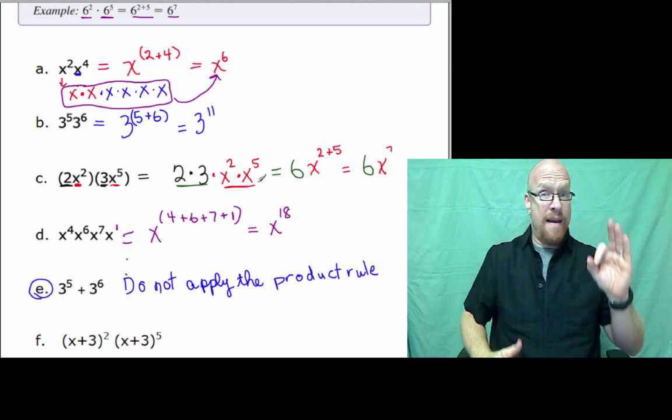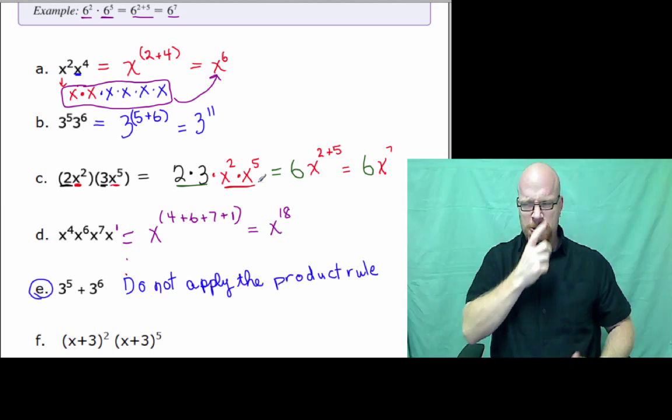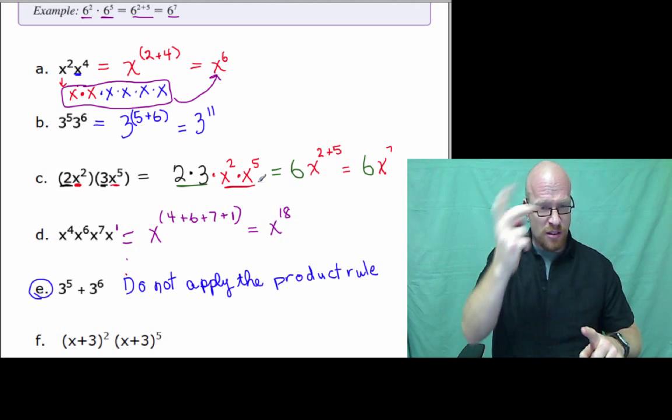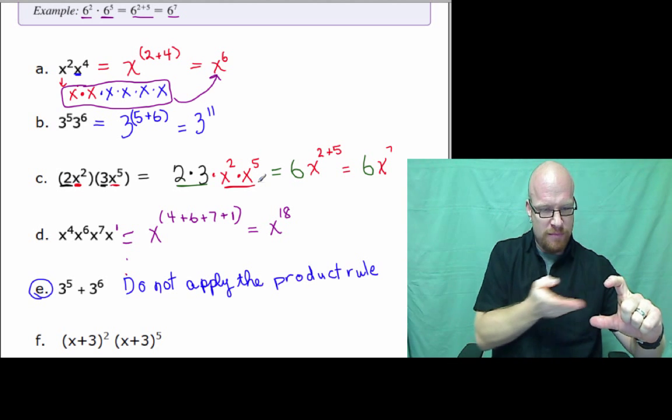Now, moving on. Example F. Some students I've heard get confused. They think they have to square the first term and take the second term to the 5th power.